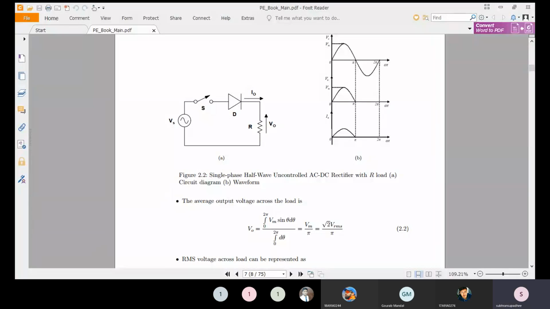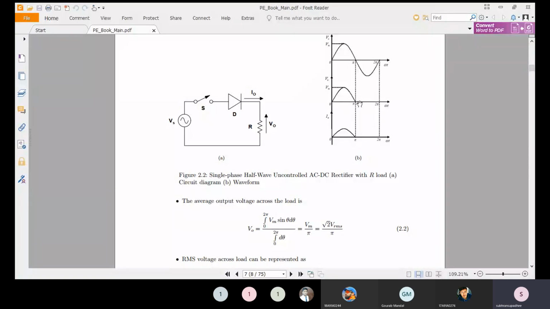Now, whenever you are doing this, what will be the actual waveform over here? See on the right hand side. This is initially the source voltage, and here, because it's a half wave rectification, the negative half cycle is missing.